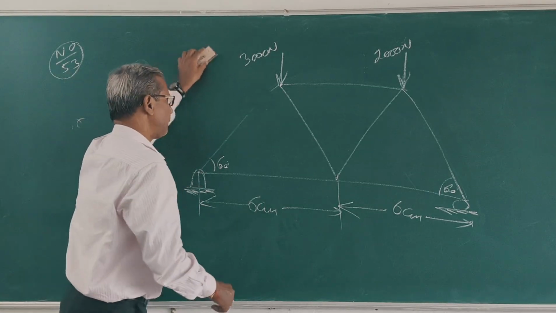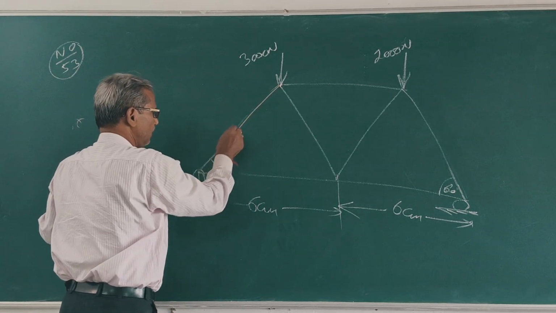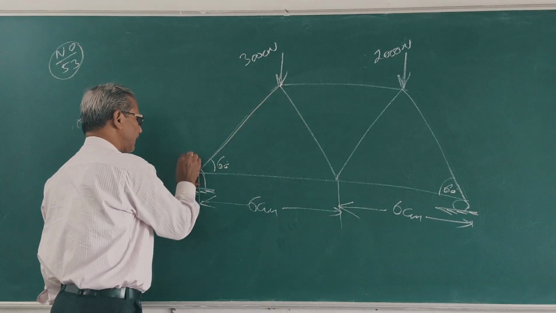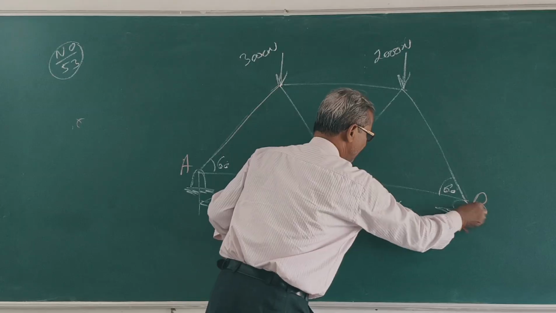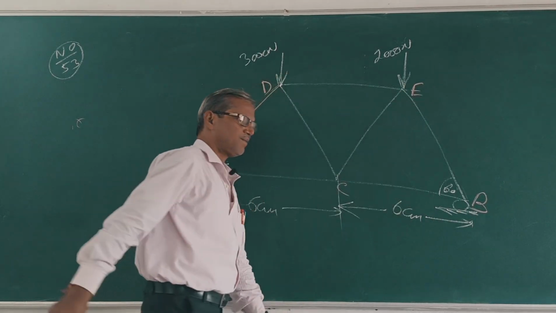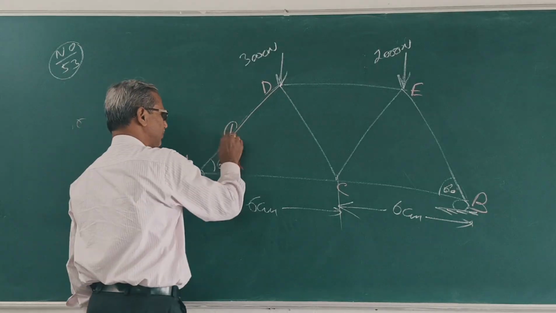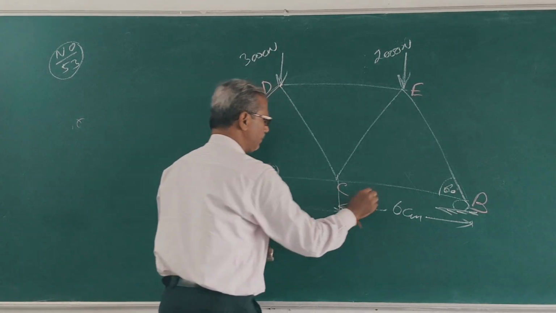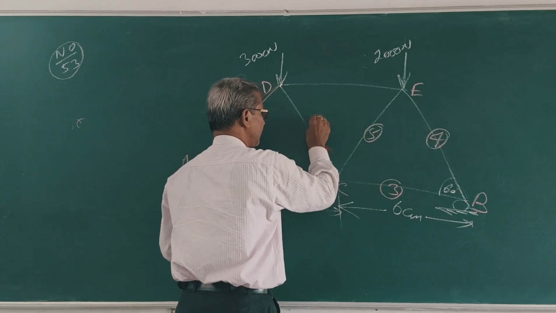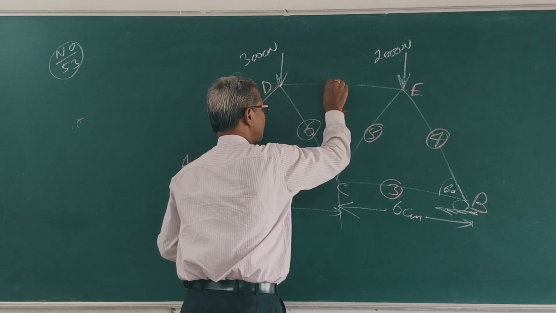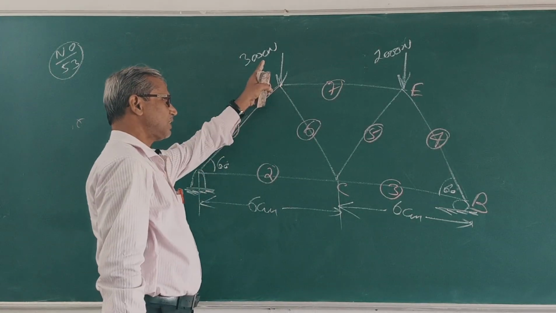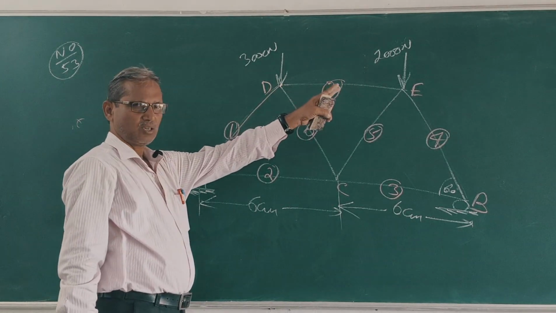Very important question, fundamental question. Suppose this is point A, this is B, C, D, E. Clear? This is member 1, member 2, member 3, member 4, member 5, member 6, member 7. 7 members. Load is 3000 Newton, 2000 Newton.